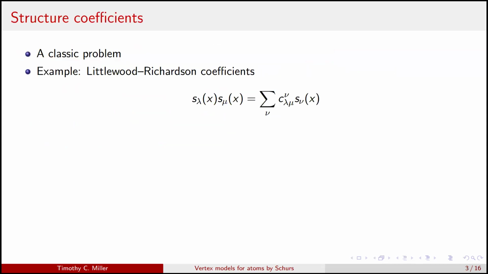We're going to be talking about a structure coefficient problem, which is a classical problem in algebraic combinatorics. The most classic example is the Littlewood-Richardson coefficients, C lambda mu nu, that you get when you expand the product of two Schur polynomials.